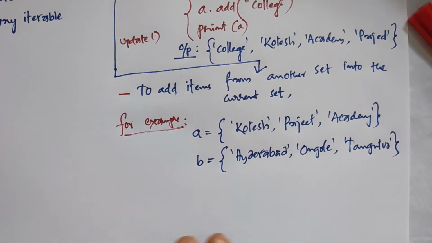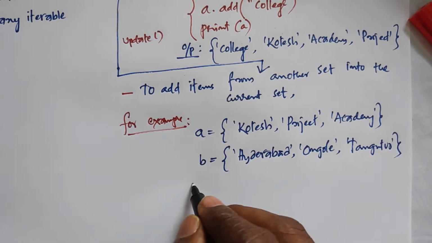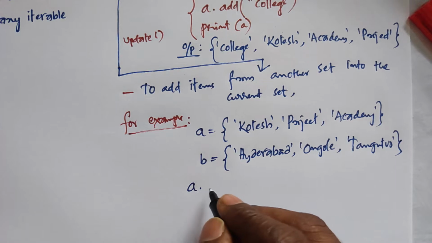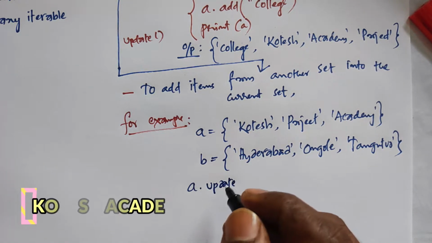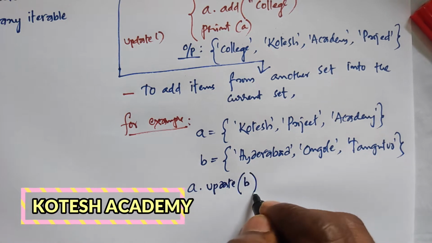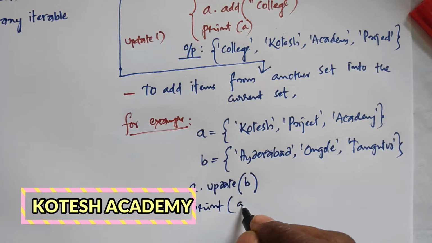Then you can use A dot update of B, and then write print of A.